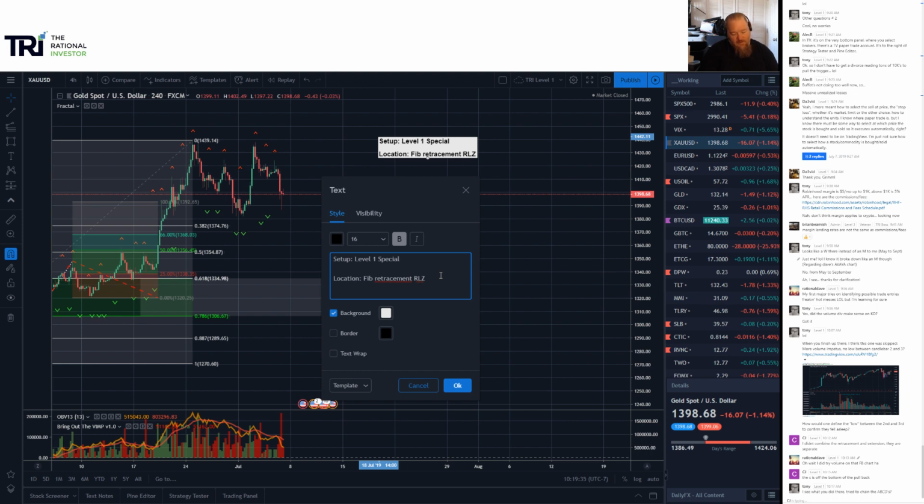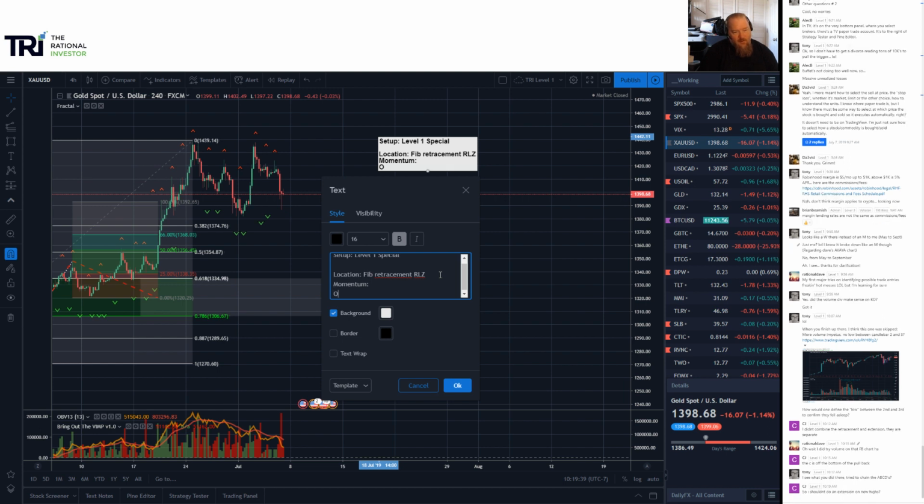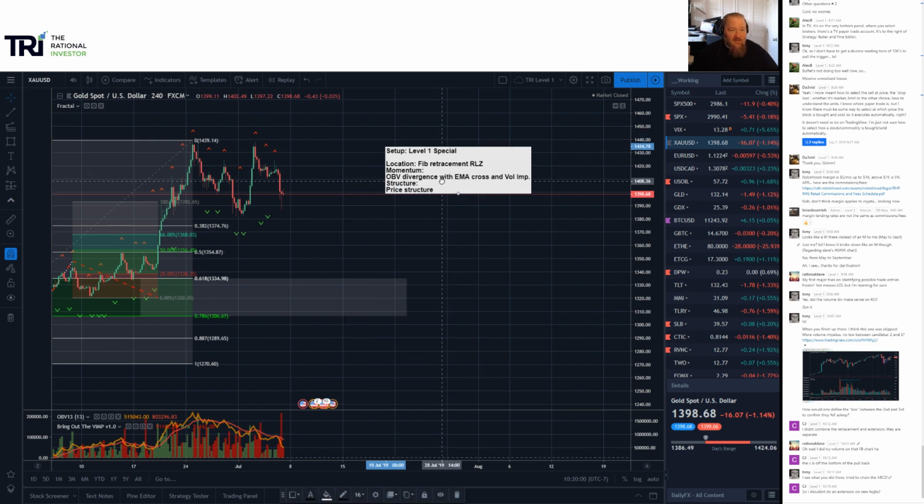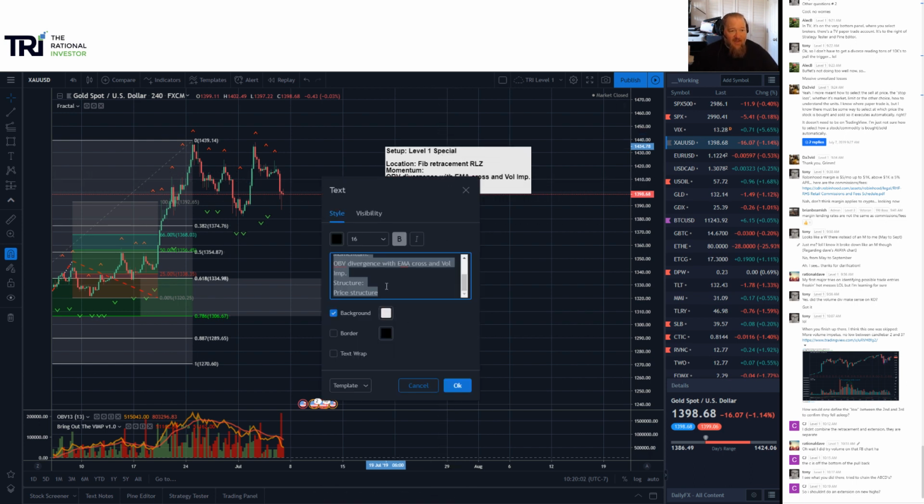For momentum, we want OBV divergence with EMA cross and volume impetus. And then for structure, we want price structure, okay? This is what we're going to look for. This is our first kind of official setup, okay?